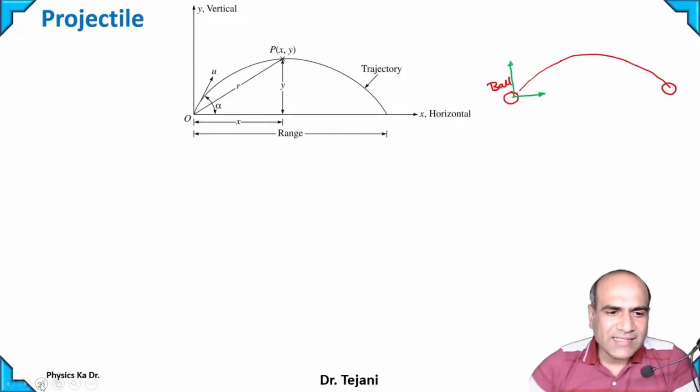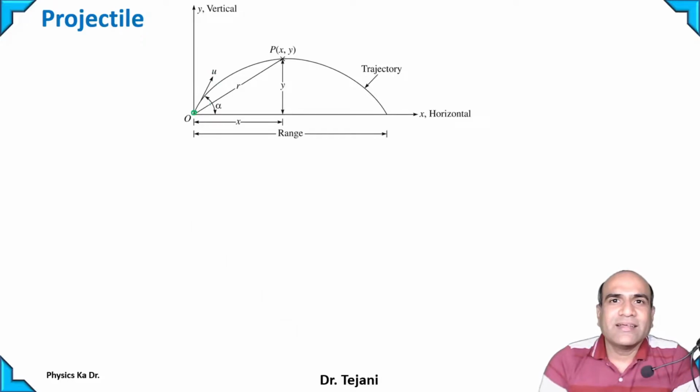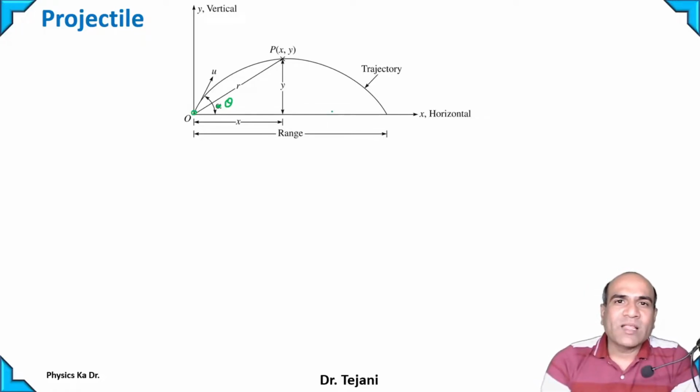So let's analyze this part here. Here the object is given some initial motion in some direction. Let's call this direction theta, or angle theta with x. Remember, here we are considering the angle by default with the horizontal plane, or x plane, and u is considered the initial velocity.